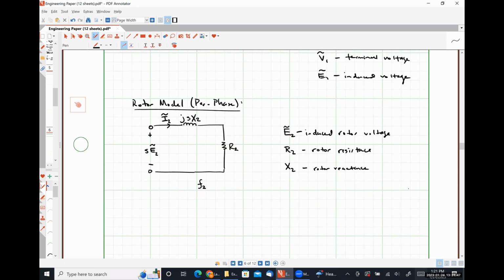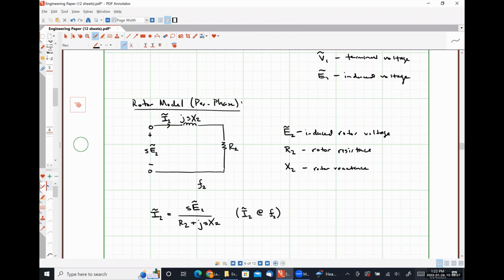All right, so if we employed a little circuit analysis here, we could say that our rotor current I2 is going to be our induced voltage sE2 divided by the total series impedance, which is R2 plus jsX2, where I want to be clear here, our current I2 is at a frequency of F2, our slip frequency.